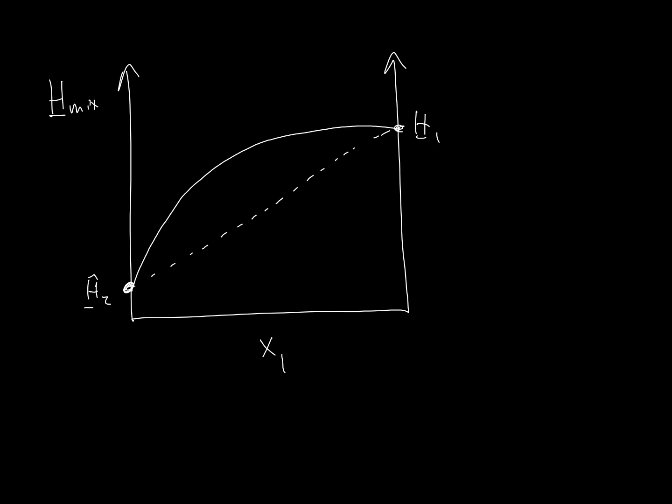So if I were to create a mixture with some given composition here in the middle, this is what we would have if it was an ideal mixture. This would be the H of the real mixture.